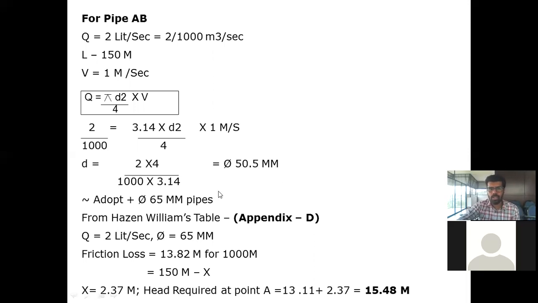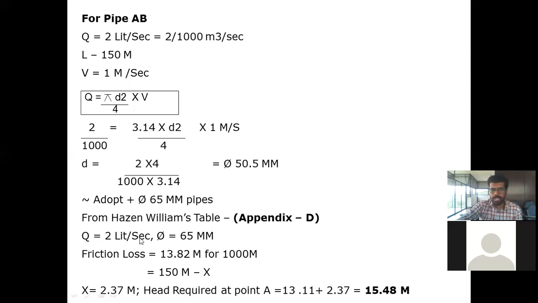So you can adopt 65 mm as the standard diameter. So you got the pipe diameter and you got the liter per second. So with respect to liter per second and the pipe diameter, can you find out the friction loss? Yes. Go to the appendix B of Irrigation table.